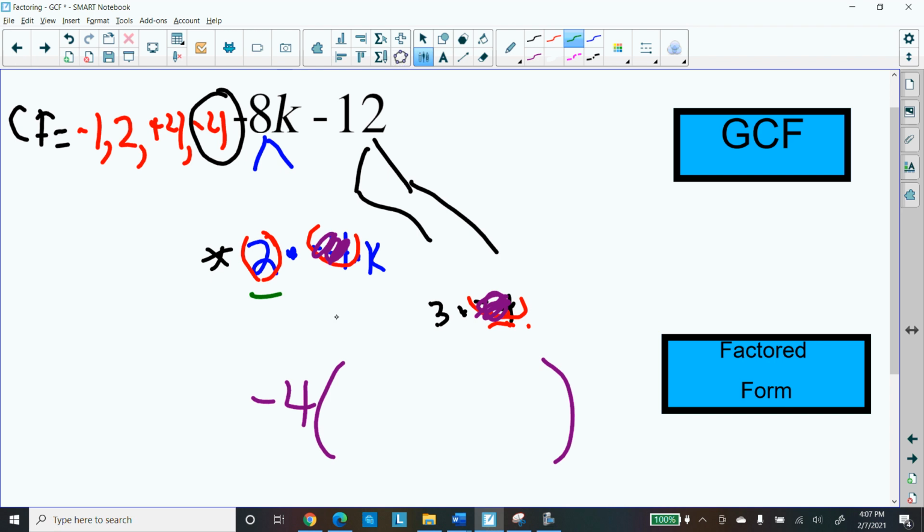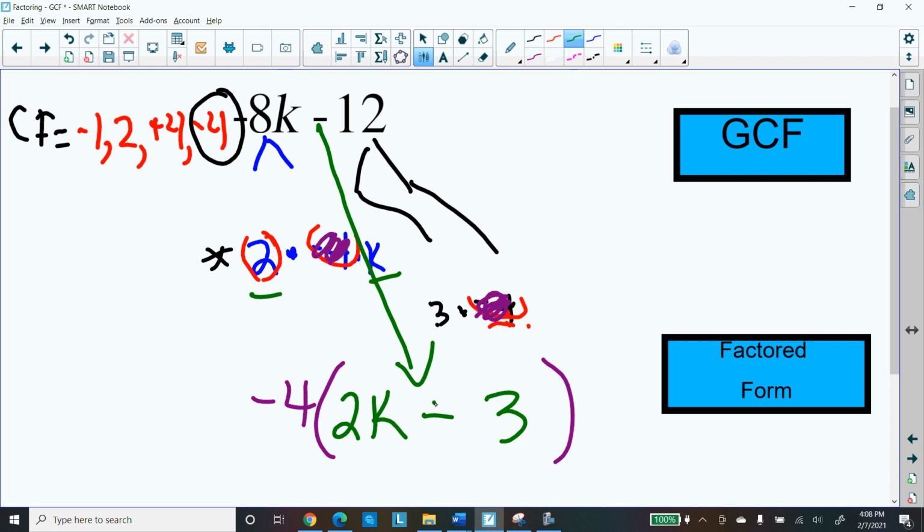So we have a 2 left and a K on this side, so 2 and a K. And on this side we have a 3. And here's our sign in the middle, which is minus. No minus. So I'm going to leave the minus sign out, because I factored it as minus 12 instead of that.